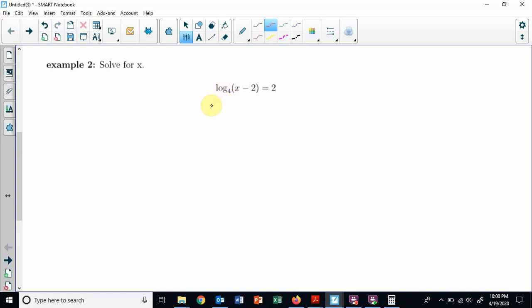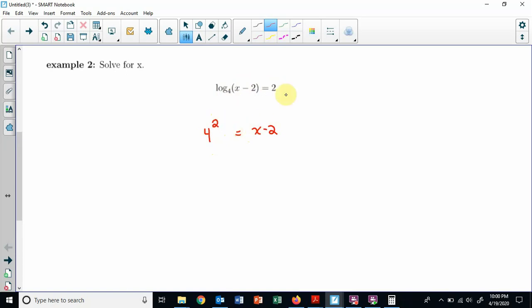This is in log form, so let's see if I can rewrite it as an exponent. 4 is the base to some power equals something. Well, remember, this is in the logarithm. That's going to be what we're equal to, and what we're equal to will be the exponent. So they switch places. So 4 squared equals x minus 2.